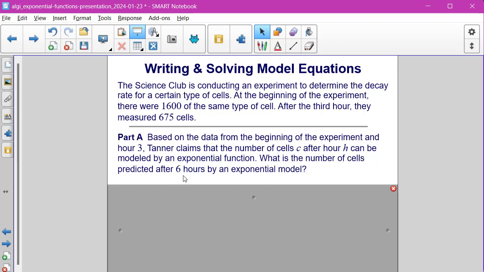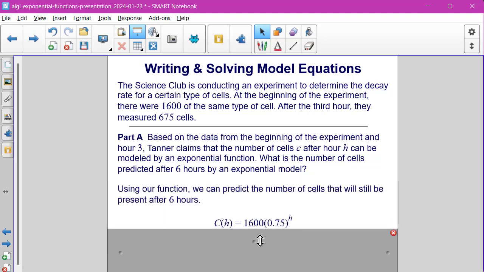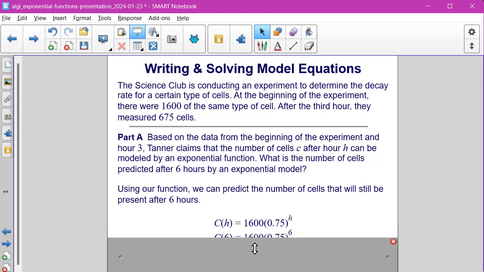Now we are not quite done with our question because it asks what is the number of cells predicted after 6 hours by an exponential model. So we have our exponential function, we found that. C of h is equal to 1,600 times 3/4 raised to the h power. Now that we have our function, we can figure out the number of cells after 6 hours by substituting 6 in for h. So we'll have 1,600 times 3/4 raised to the 6th power.